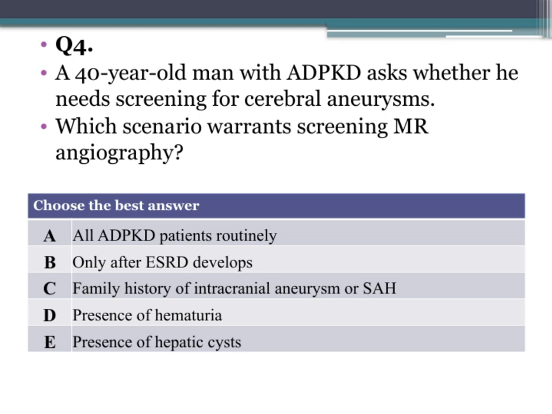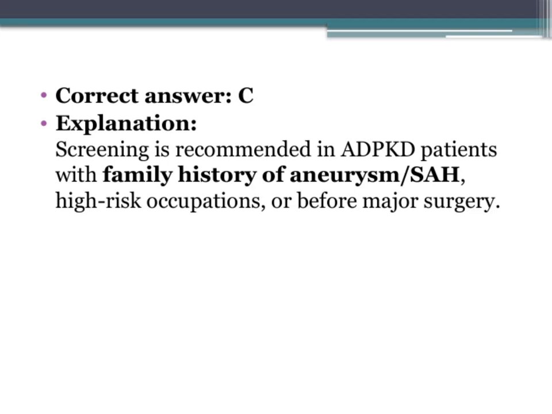And finally, the presence of hepatic cysts doesn't correlate with cerebral aneurysm risk, so that's not a reason to proceed with screening. So the key takeaway here is that in patients with ADPKD, we should consider screening MR angiography particularly when there's a family history of intracranial aneurysm or SAH. This helps us identify those at higher risk proactively, which aligns with our overall goal of early detection and prevention. The correct answer here is C.